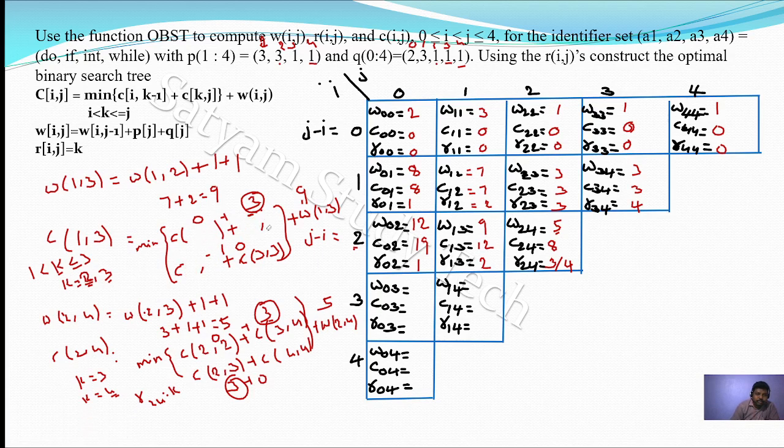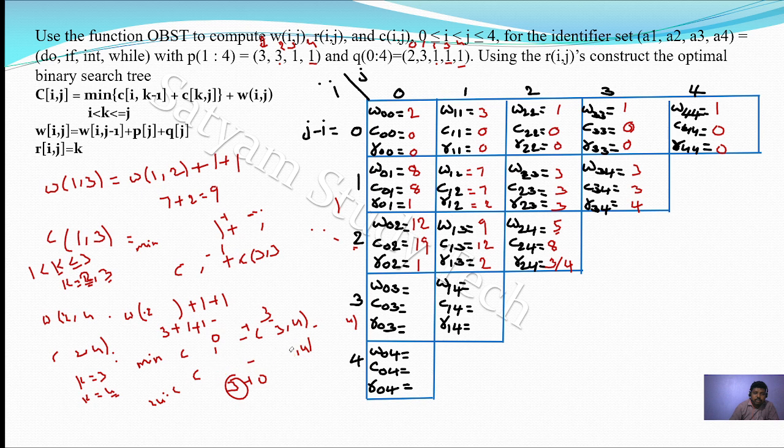So you can erase this. Now we have to find out W of 03. Now W of 03 I have to find out.